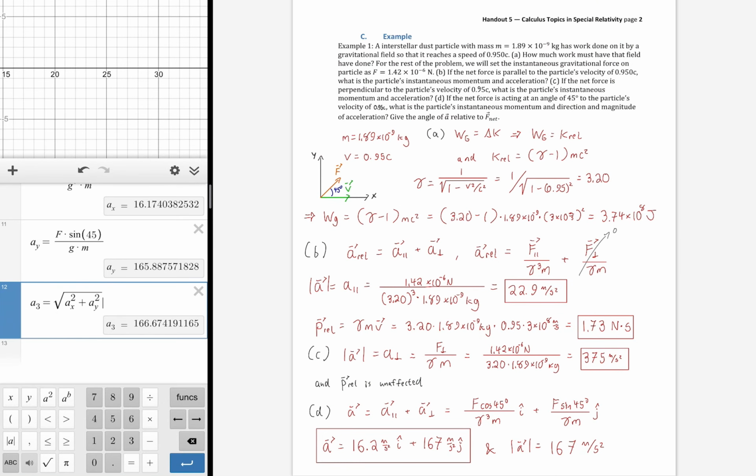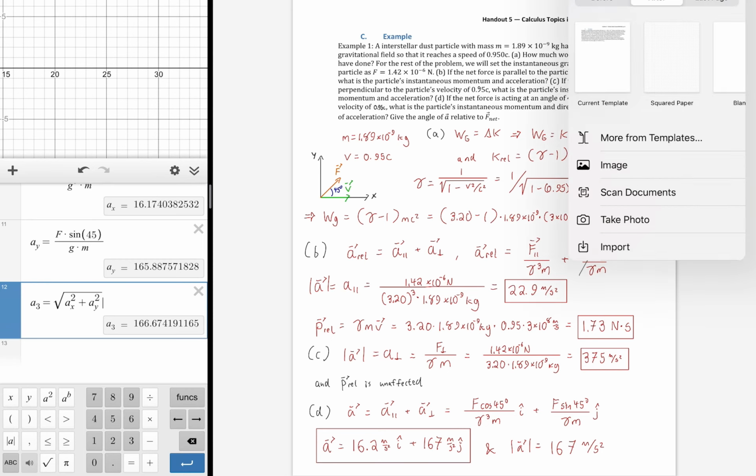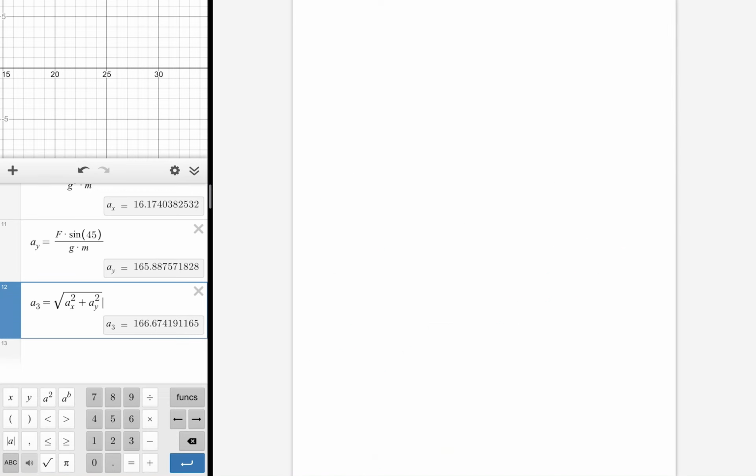Now, finally, it asks for the angle between a and F net. So how would you find this? Well, this is a good little application of calculus where we use the dot product to find the angle between two vectors. Actually, we don't have to here because we're two-dimensional. Normally we would use the dot product, and I guess normally would be for 3D problems.